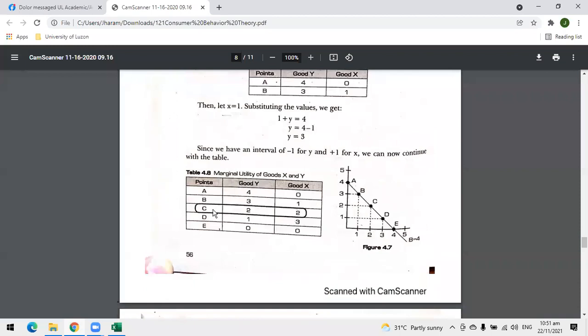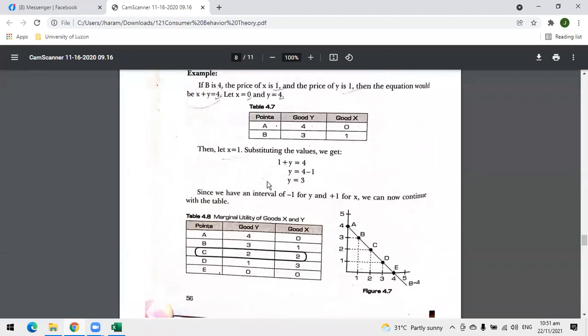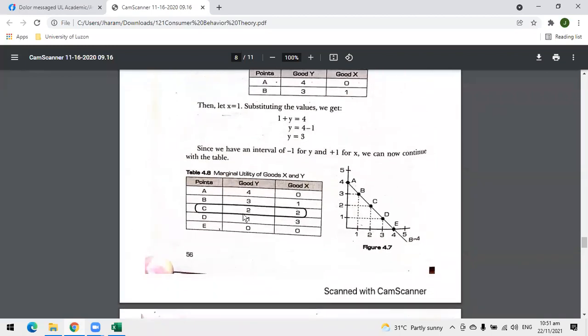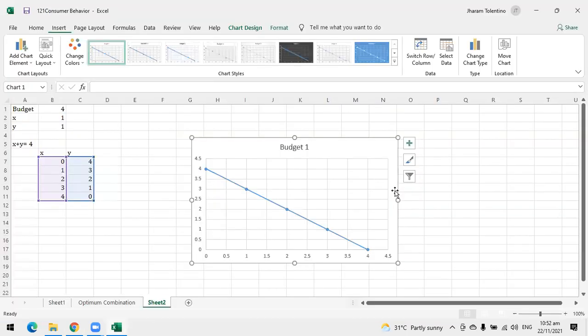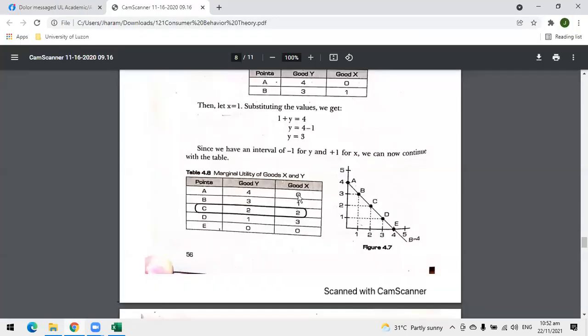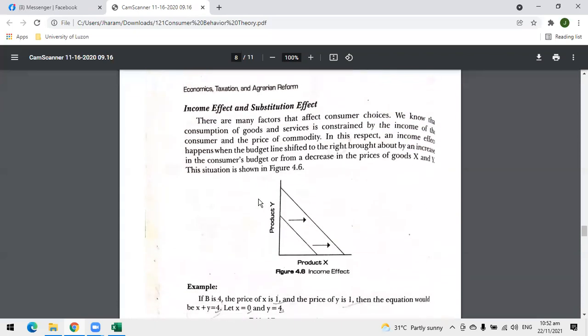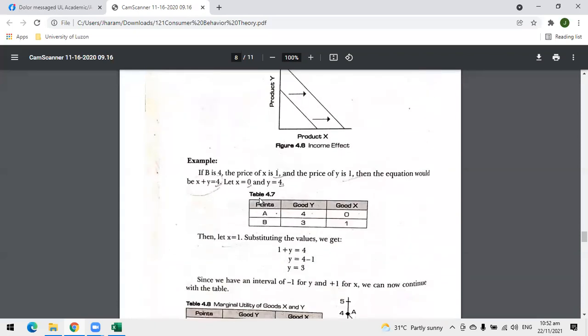Next. So, ito na yung marginal utility. Next is the marginal utility of X and Y. So, this one should have been given. Dapat sinabi niya hindi marginal utility. Hindi marginal utility ito. Ang gulo naman ito.